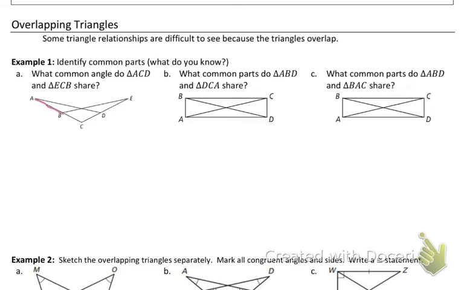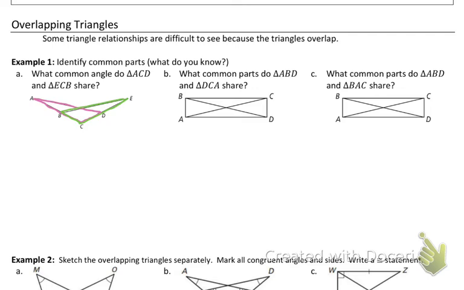Now, we have two ways to tackle this. The first way is we could take colored pencils and color in the two angles that we're talking about. I'm talking about that one, and I'm talking about ECB, which would be this triangle here. What I do with pencils, I just shade in one of them.